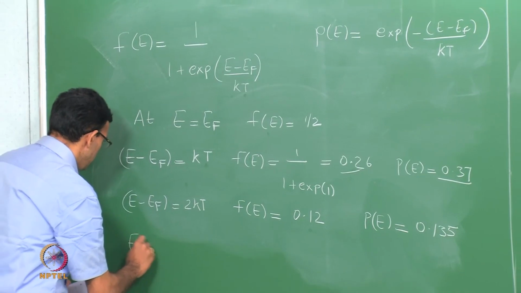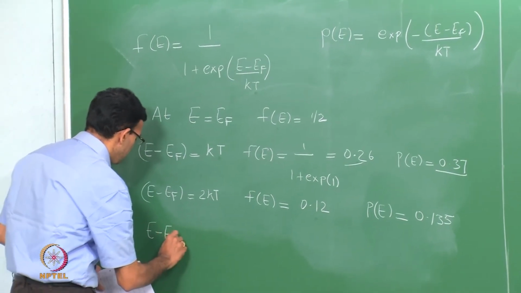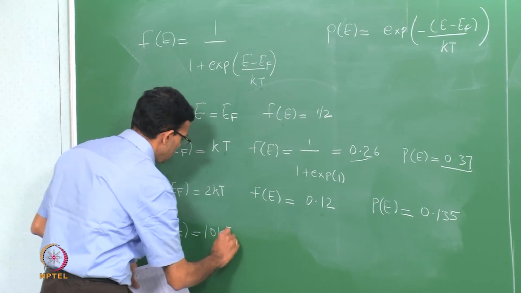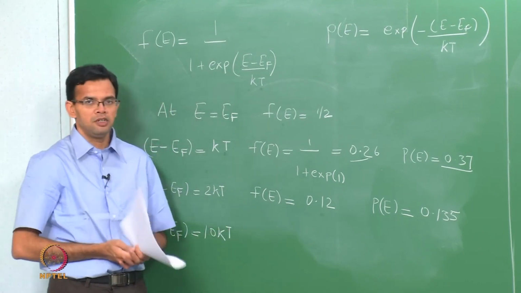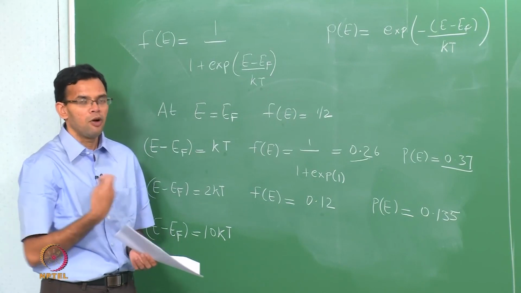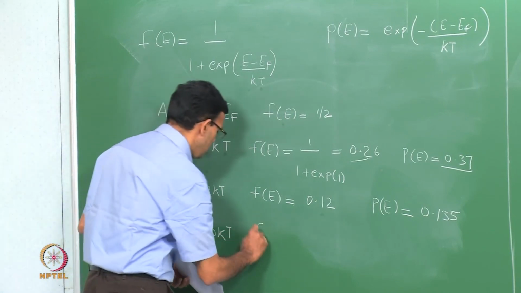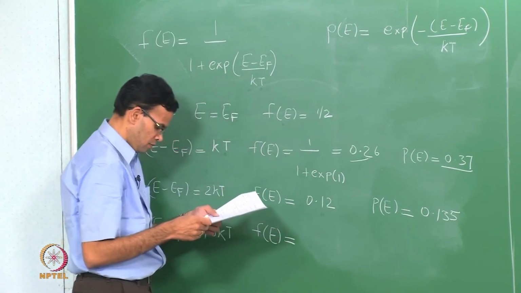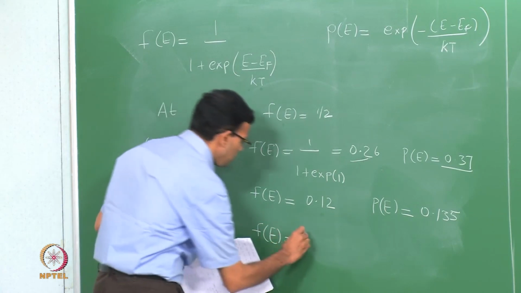What if E minus EF is 10 kT? At room temperature, this is 0.25 electron volts above the Fermi energy. In this case, f of E is 4 times 10 to the minus 5.